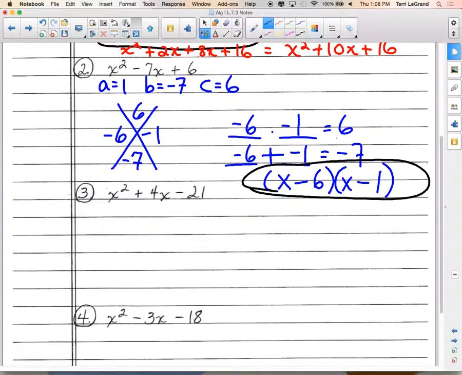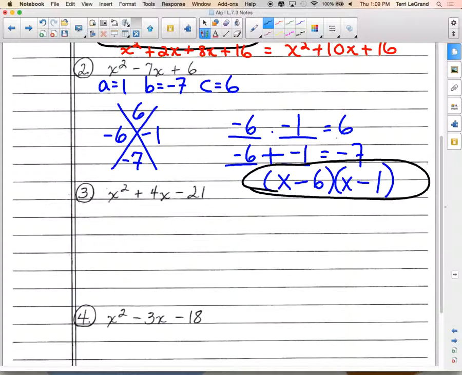When you're doing the check problem, the same thing that went through your head here, what multiplies to be 6 and what adds up to negative 7, that same thing should happen in your check problem. You should be multiplying the two numbers at some point. You should be adding the two numbers at some point. So anybody say it doesn't check out?